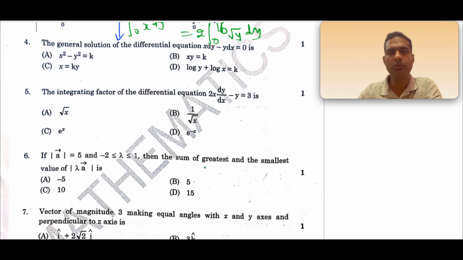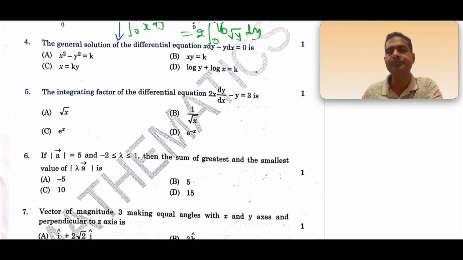Moving to question number 4, the general solution of the differential equation x dy minus y dx is equal to 0. The general solution will consist of a general constant. So x dy minus y dx is equal to 0.